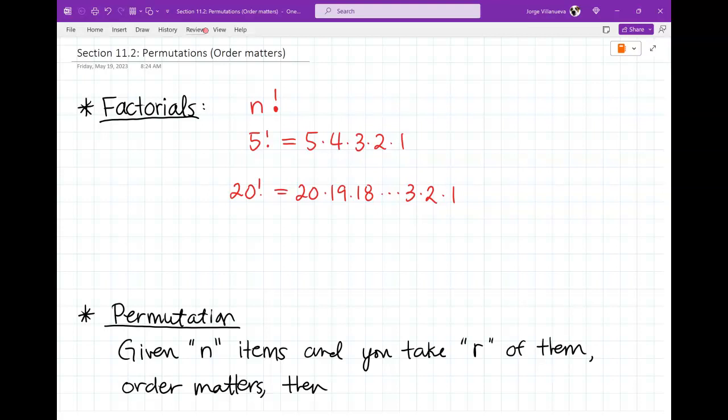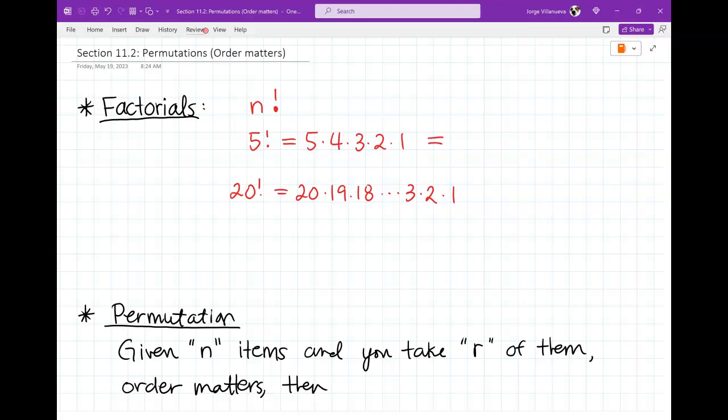We're multiplying. Now, if I ask you to find those answers, you can definitely punch in 5 times 4 times 3 times 2 times 1. Or you can use that little exclamation mark on the calculator. So let's do 5 factorial.